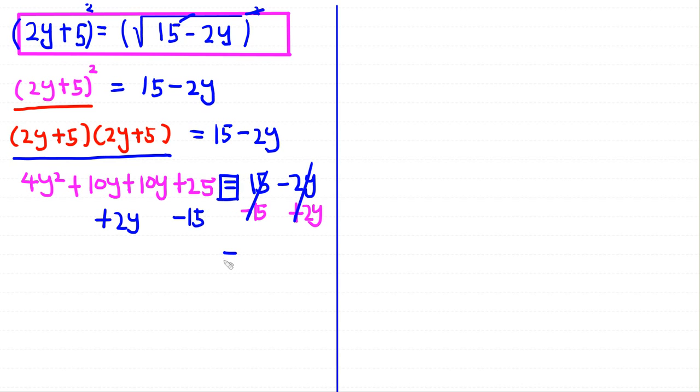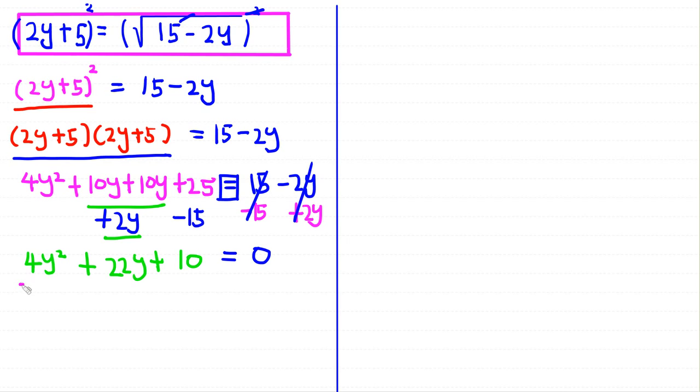So the right side is going to be equal to 0, and the left side is going to be 4y squared plus 10y plus 10y is equal to 20y, plus 2y is equal to 22y, plus 25 minus 15 is equal to 10, equal to 0.